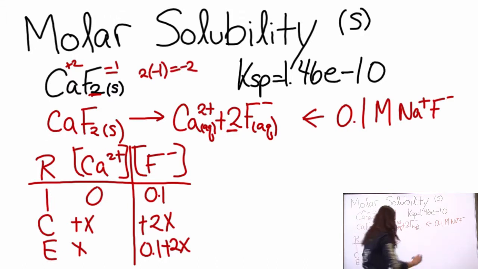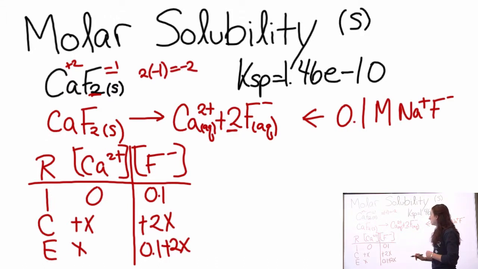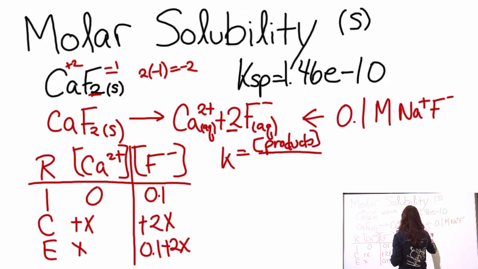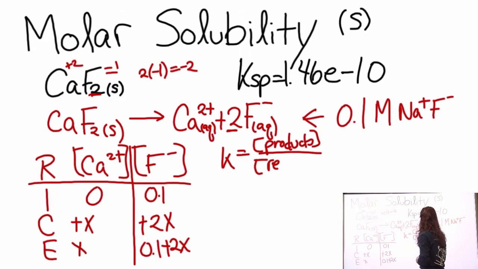So the next step is to write your equation for KSP. So that's the equilibrium of solubility, and that's just going to depend on your ions as well. So usually when you write K, it's products over reactants.